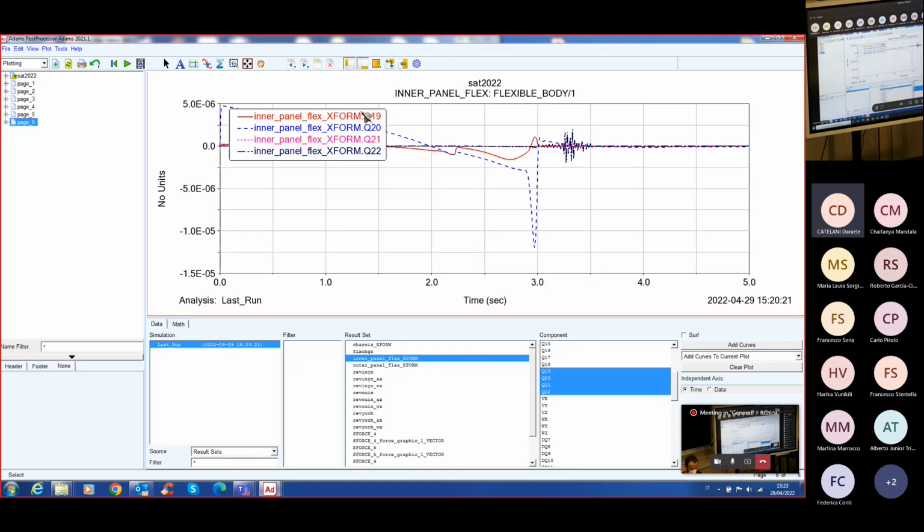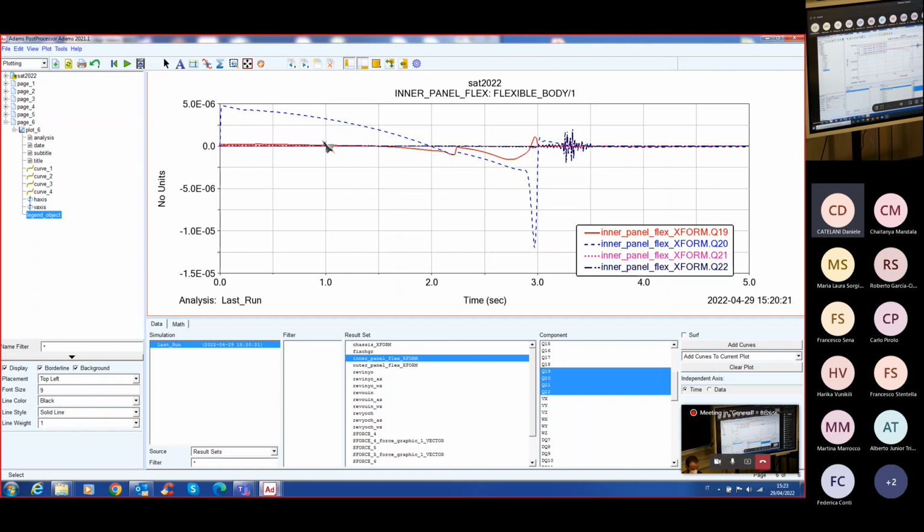For example, mode number 20 or mode number 22 has a contribution two orders of magnitude less than mode number 7. So probably mode number 22 in this analysis can be neglected. But if we change analysis, probably it participates a lot.